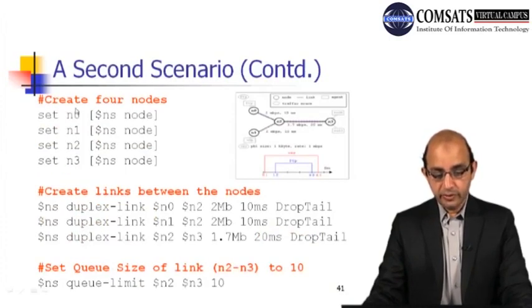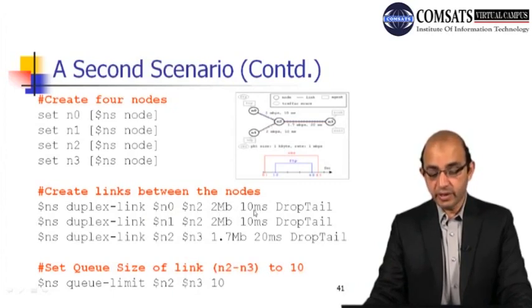Now for nodes, you can see n0, n1, n2, and n3. Now we will be creating them. ns duplex-link between n0 and n2.